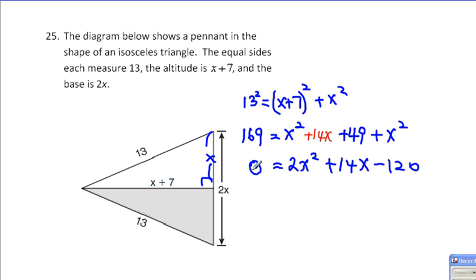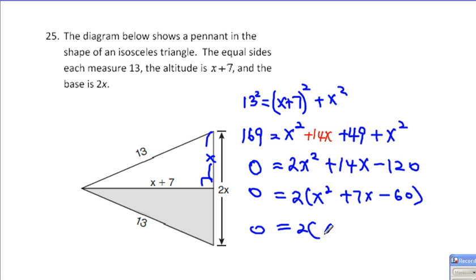Now when we factor this correctly, we will have 2 times (x squared plus 7x minus 60). Now, when you factor, the two numbers multiplied to negative 60 but adding up to 7 give us (x plus 12) and (x minus 5).